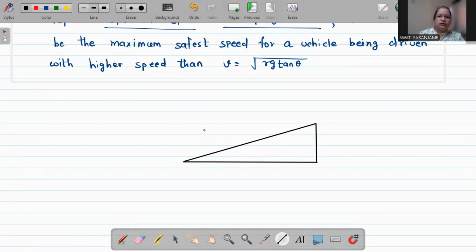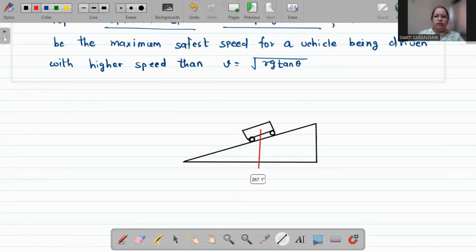The car or vehicle is now being driven on this incline, and we have assumed it is driven with a higher speed than V equal to under root Rg tan theta. Naturally, we have to explain the different kinds of forces acting on that vehicle, so let us show it diagrammatically first.